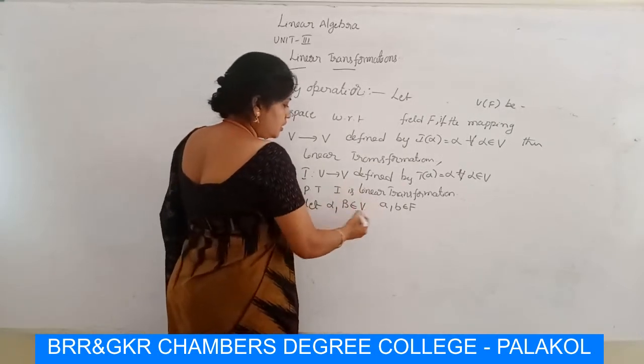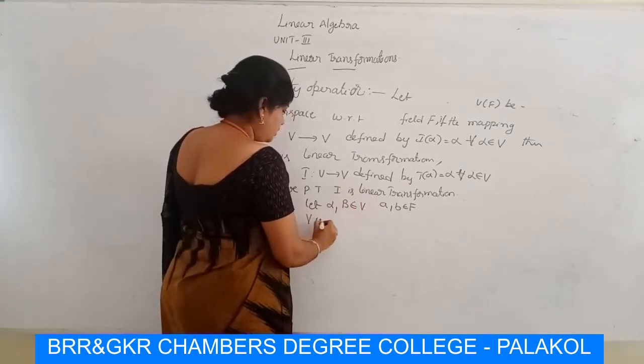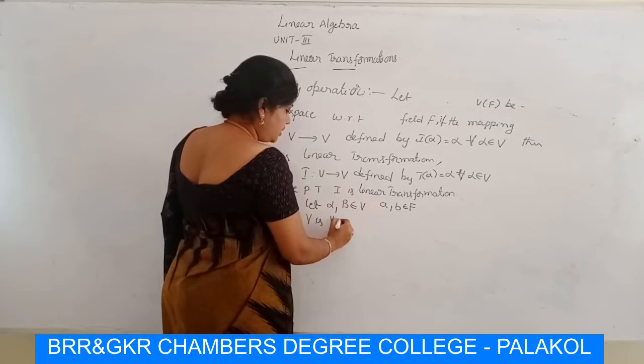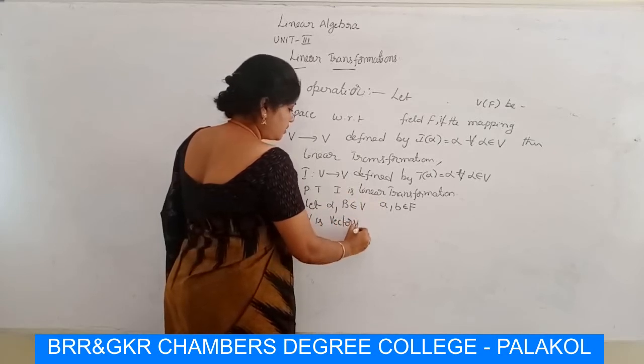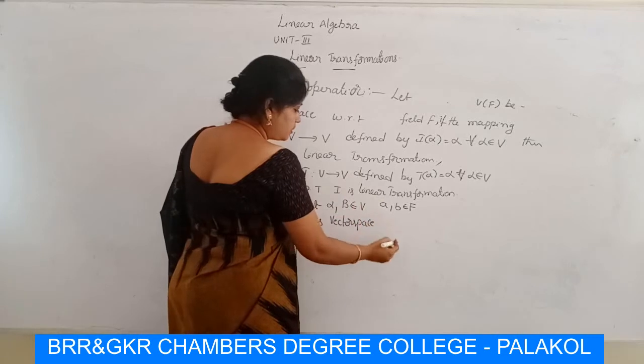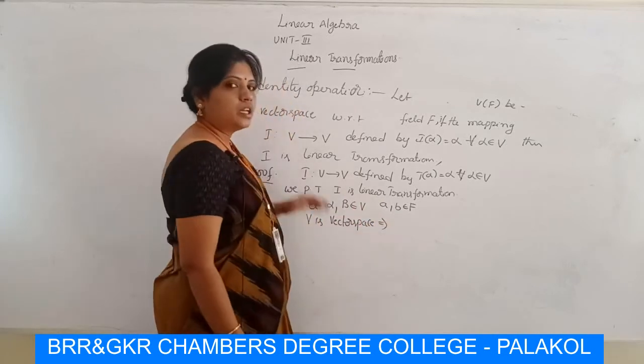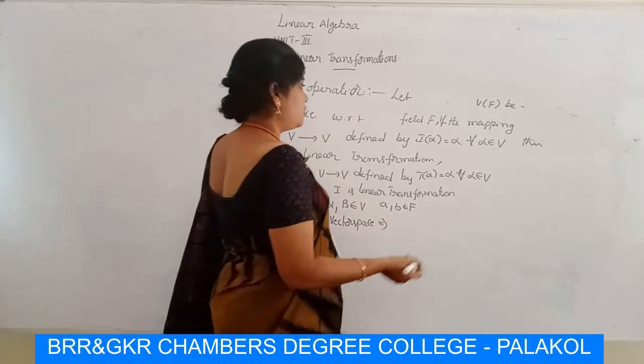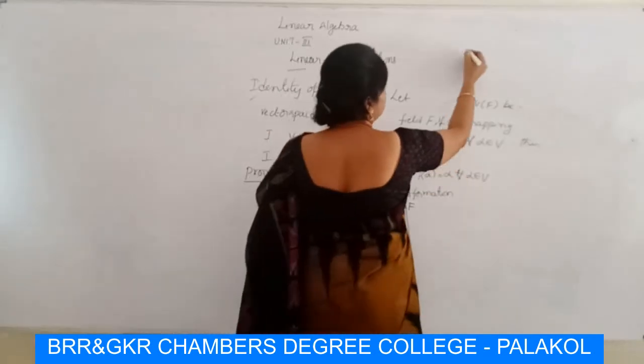Now, V is a vector space, that implies it is a vector subspace. So we have a theorem.